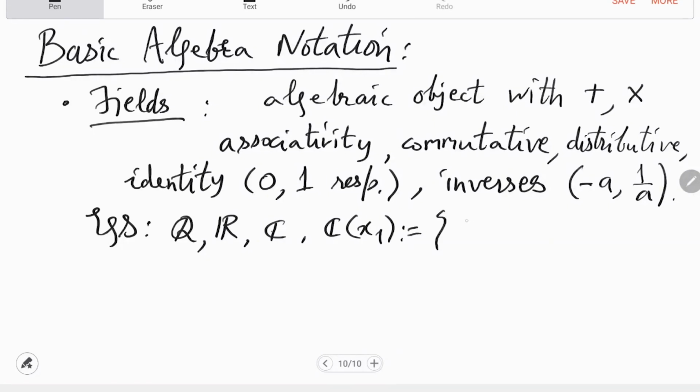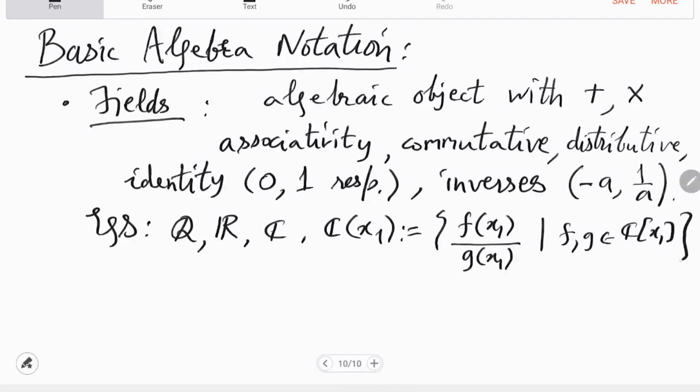So these are the univariate functions. Maybe I should define this, because functions itself is not a good term. Let me make it precise. You take two arbitrary univariate polynomials over C, and then you look at the ratio, and you study this set, and you will realize that this is also a field.